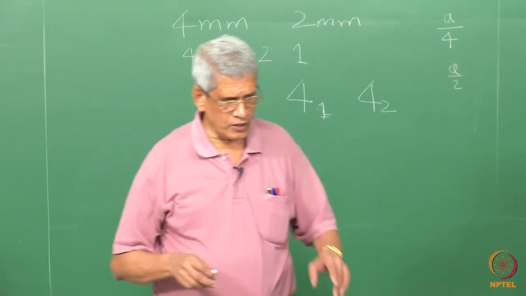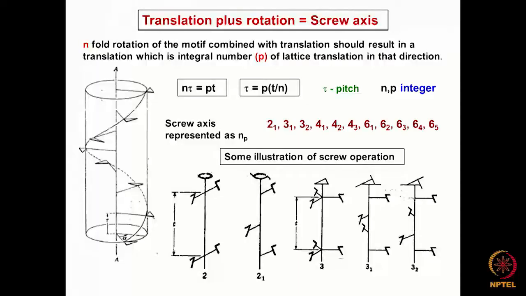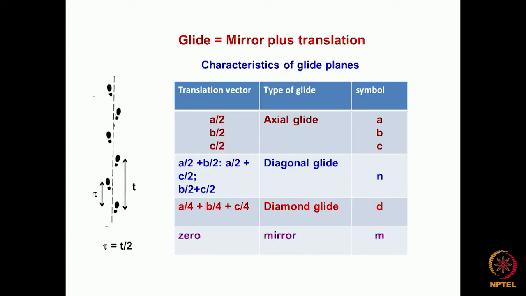Okay, that is what essentially it means. This way we can have this many additional symmetry elements possible, because here we are combining a translation and a rotation, right? So similarly, I had mentioned earlier about the glide.